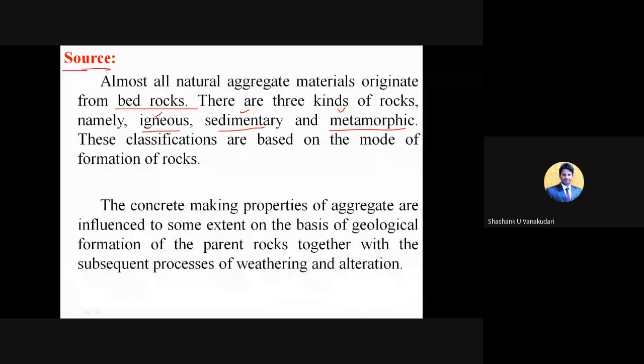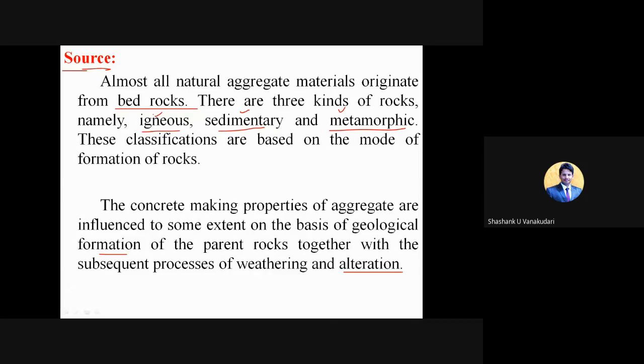Clear? So the concrete making properties of aggregates are influenced to some extent on the basis of the geological formation of the parent rocks, together with the subsequent processes of weathering as well as alteration. Alteration is with respect to the shape as well as the size, and again with respect to weathering conditions we need to choose, because as you all know, we cannot directly use the aggregates once we extract them from the earth's surface.